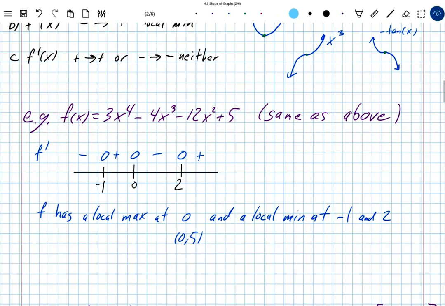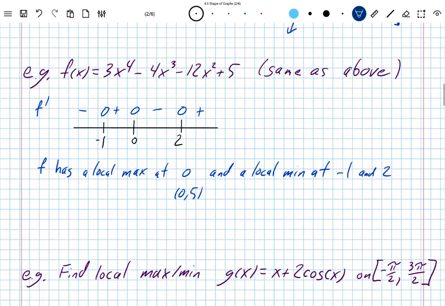Because we're talking about f. F prime is just how we got that information. Okay. Similarly, I could plug in negative 1 or negative 2 into f to figure out what are the y values. Okay, so at, we're saying, oh, it's a min at. That's usually going to mean what's the x value. A minimum of would tell you the y value. And sometimes if you're unsure, just give the whole point, like 0, 5. I'm not too worried about the details of the English language in this case.